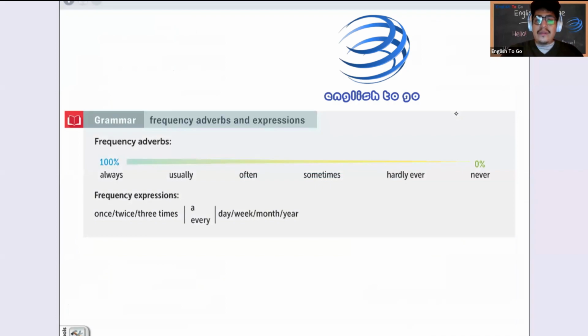Okay, guys. So we know that we use the frequency adverbs to express the frequency of an action, the frequency we do something, and the formula for the frequency adverbs. Okay? Let's take some time to analyze now expressions. Of course, expressions of time.